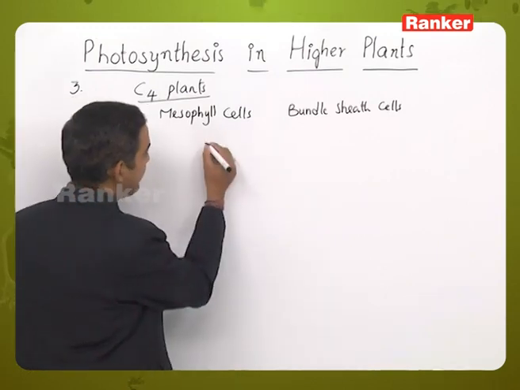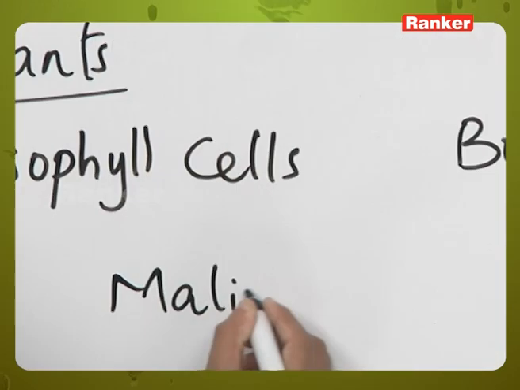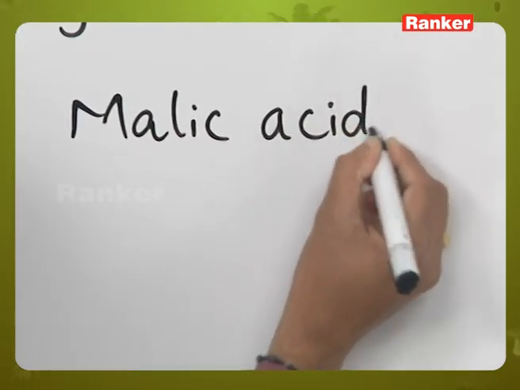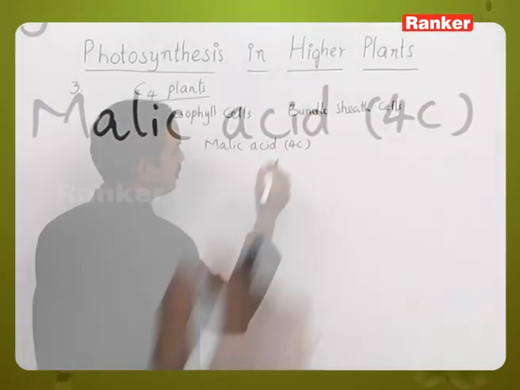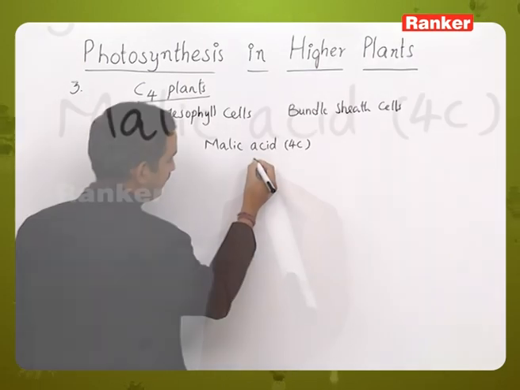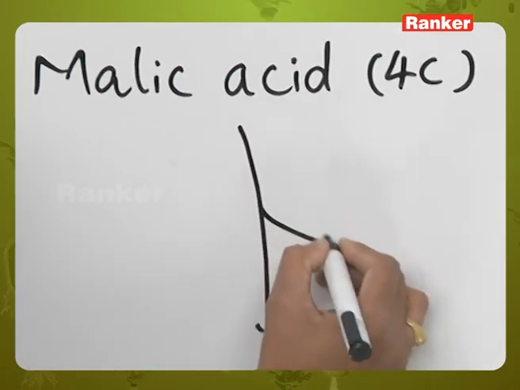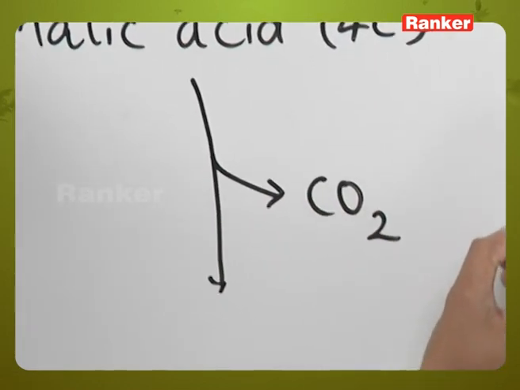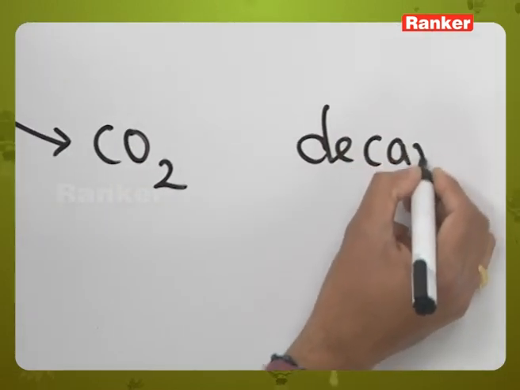Once this malic acid, which is a 4-carbon compound, enters the bundle sheath cells, it undergoes the loss of carbon dioxide, which we call decarboxylation.